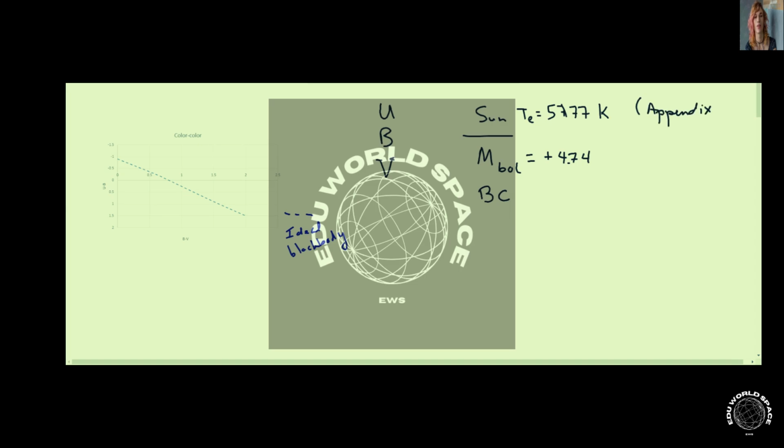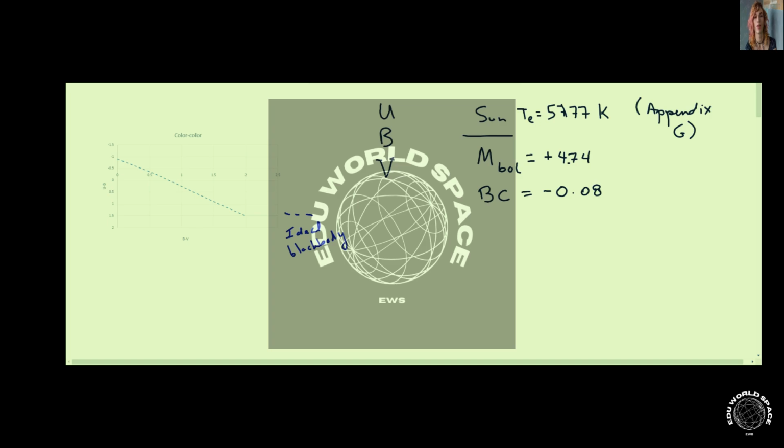So this is data that's been carefully worked out and has been agreed upon. The bolometric correction just corrects the visible wavelength for the fact that it's not picking up all the wavelengths. And we'll see that in a little bit. But if you had a bolometric correction of 0, that typically means all your wavelengths are coming through that visual filter.